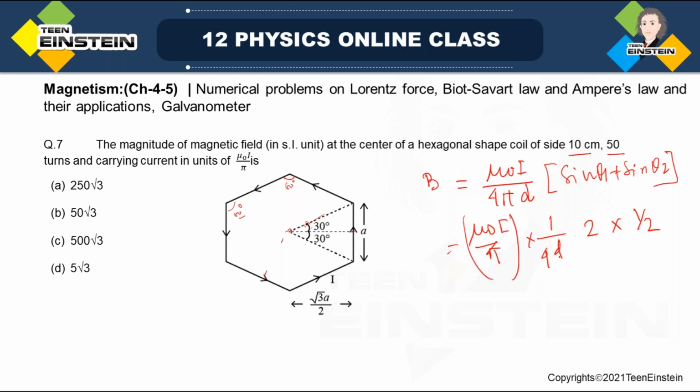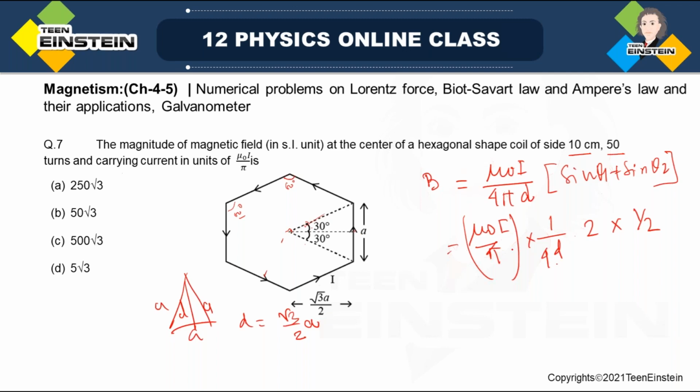Okay, and what about this d in this equilateral triangle with side a? This height is d, and d will be root 3 by 2 into a, not a square, root 3 by 2 into a.